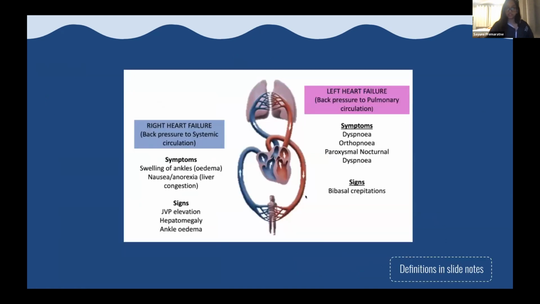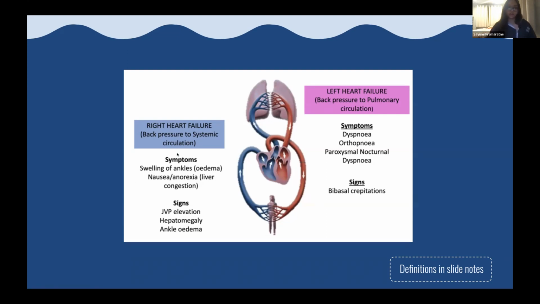So this slide is pretty good at summing up the key symptoms of left heart failure and right heart failure. So with the left heart failure, you get these things, which you probably are not familiar with what they mean. I've put the definitions in the notes on the side, but pretty much all different types of breathlessness. As I said in the last slide, the blood is backing up in your lungs.